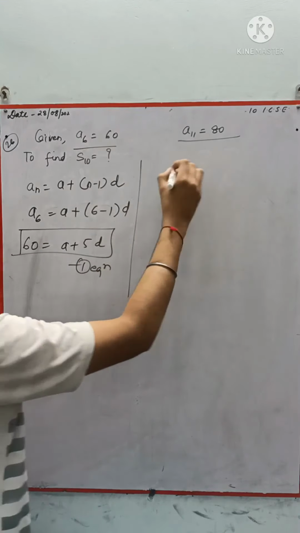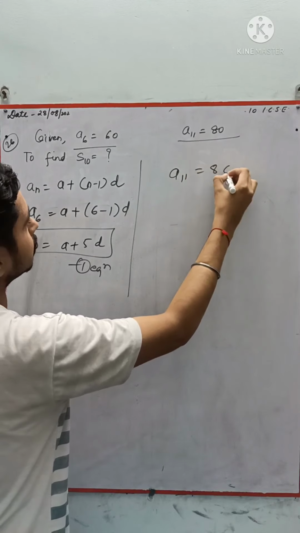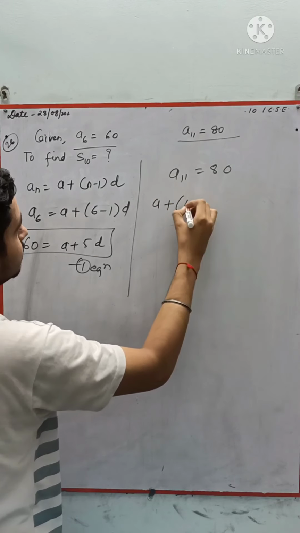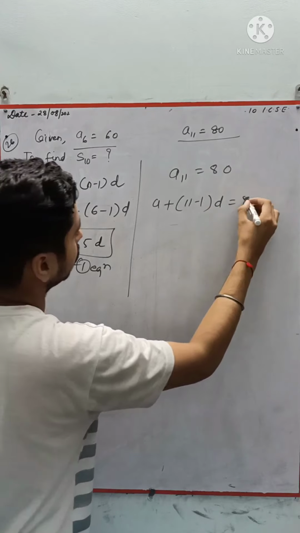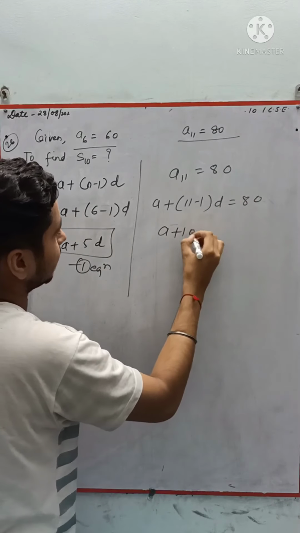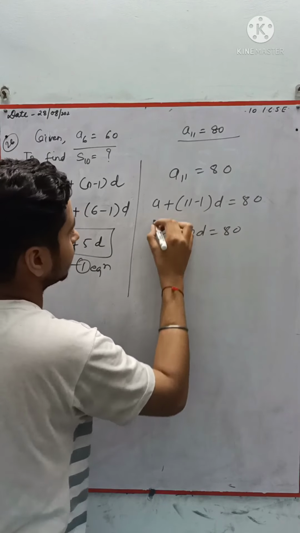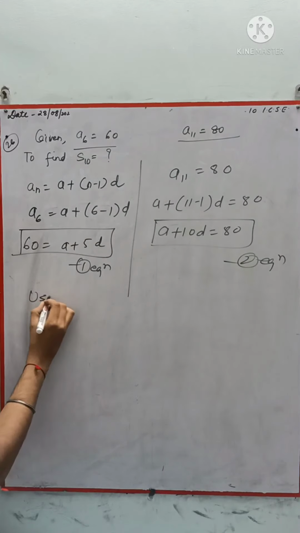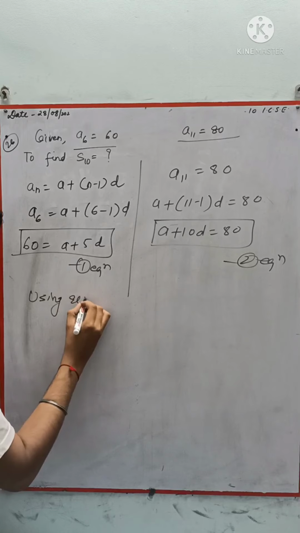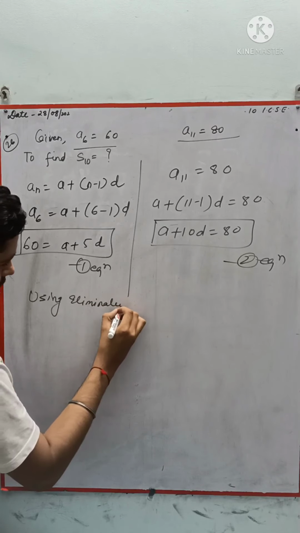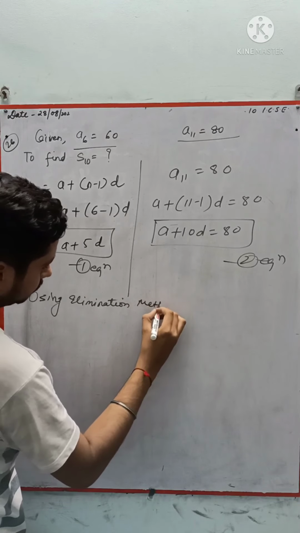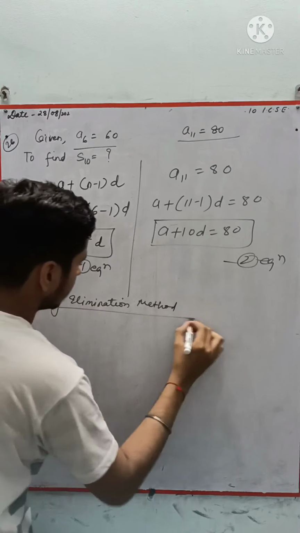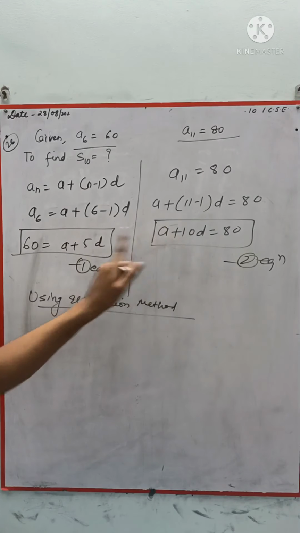Now on the other hand, you have a11 is equal to 80. a11 is a plus 11 minus 1 into d. So a plus 10d is equal to 80. This is your second equation. Now using the elimination method, okay, this one and this one.